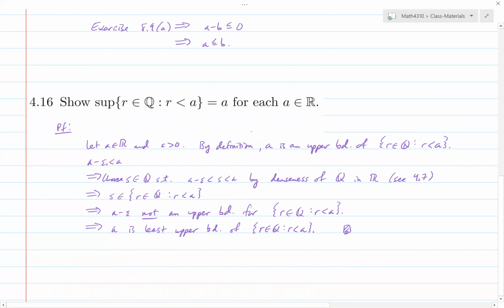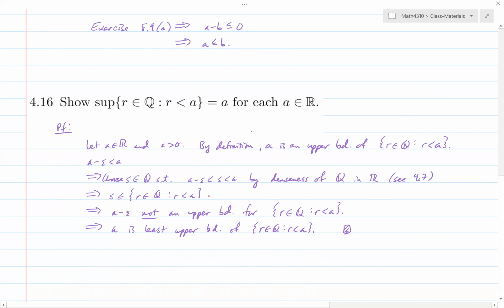So a minus epsilon is something that's less than a, and I haven't said it's the least upper bound yet. But I can find rational numbers by the denseness argument that are between a minus epsilon and a. Go look up the denseness of Q and R in section 4.